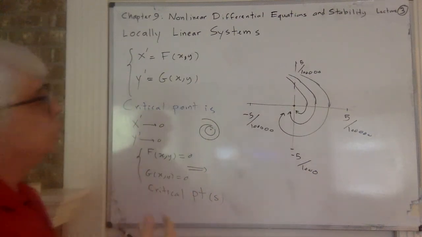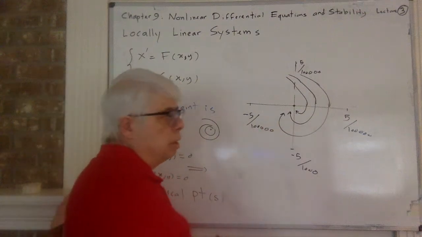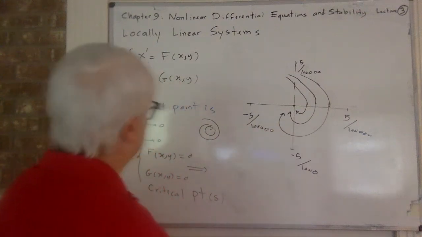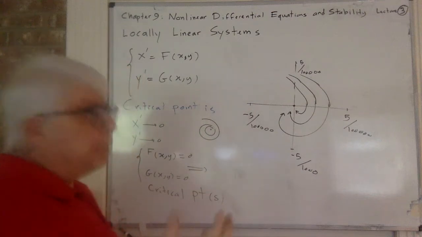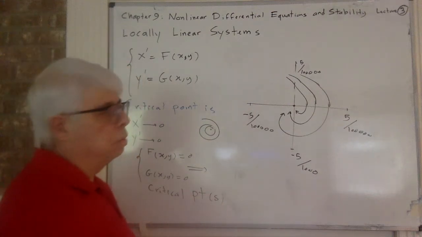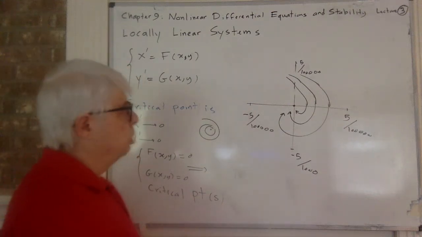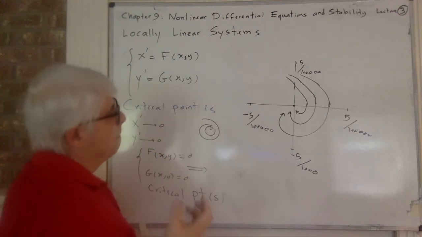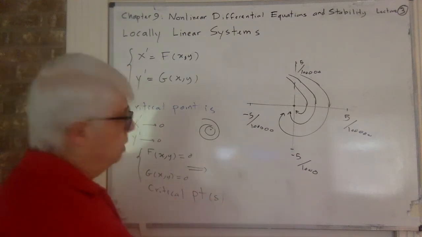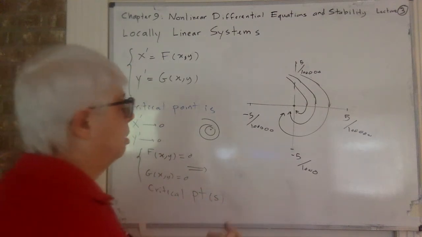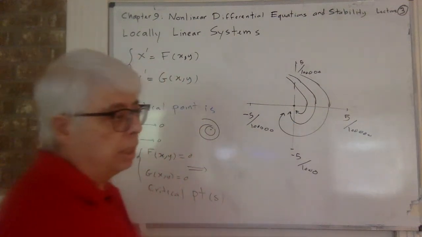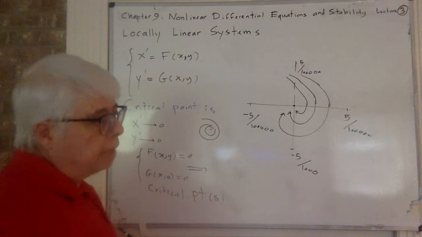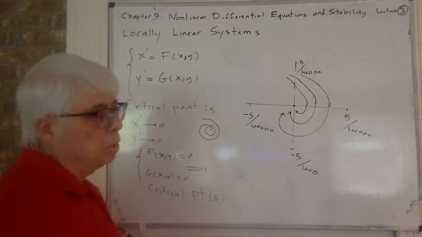So maybe we can analyze this using what we did for a linear system, because it seems to become linear as we get closer and closer to this critical point. If this happens, which I will tell you when this happens, then the system that acts like this is called locally linear.